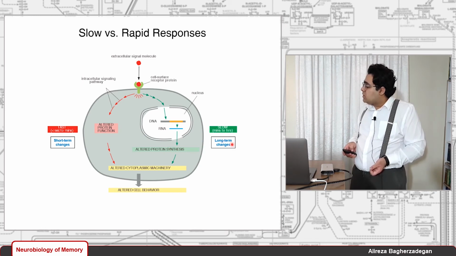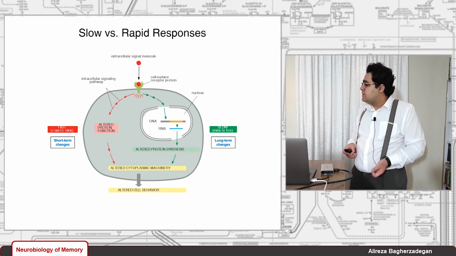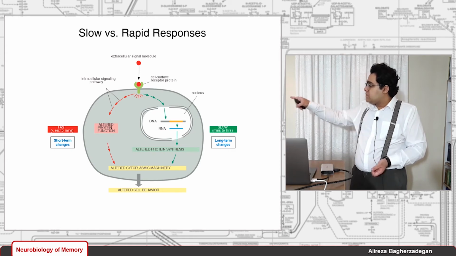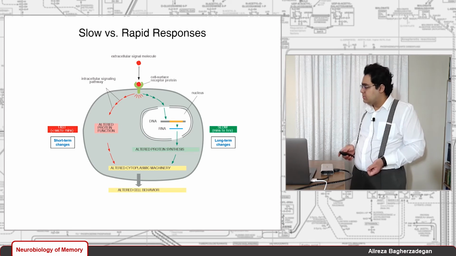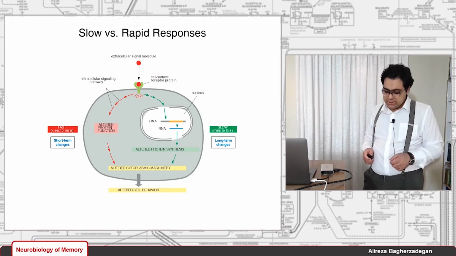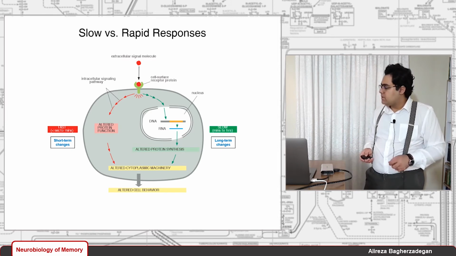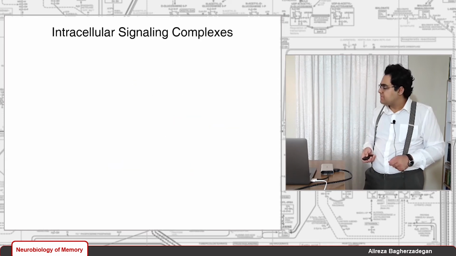That's why they're called long-term changes or structural changes, and that's why they take much longer to occur. And a spoiler alert, this is the basis of short-term and long-term memory. Okay? I'm going to explain in the implicit and explicit memory lectures, but this is actually the basis of that.